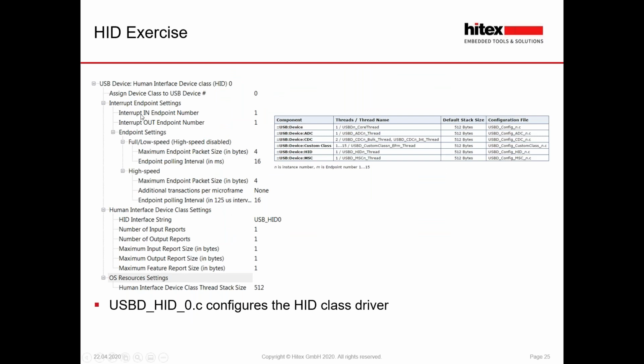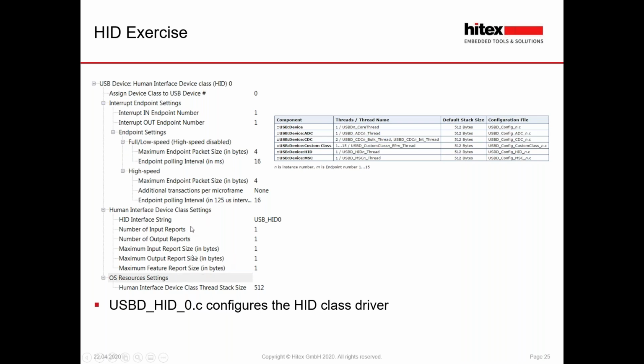So again, here we set up our endpoint settings. The type of endpoint is an interrupt, so we're using the pair of pipes that are on endpoint number 1. Again, we can set the packet size, and then down here we're describing the report descriptor. This is the number of input and output reports, and also the size in bytes of data that's going to be sent through those reports.